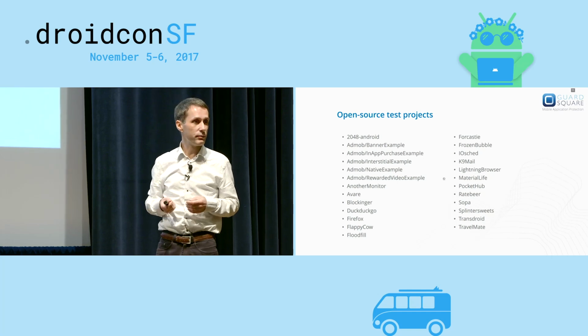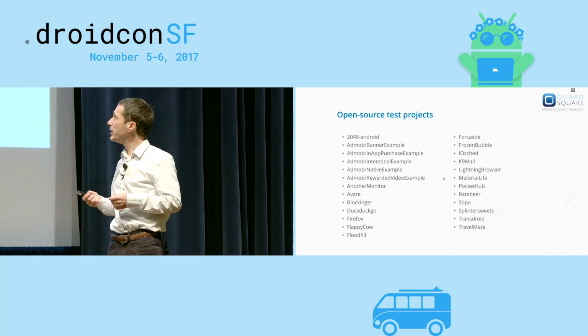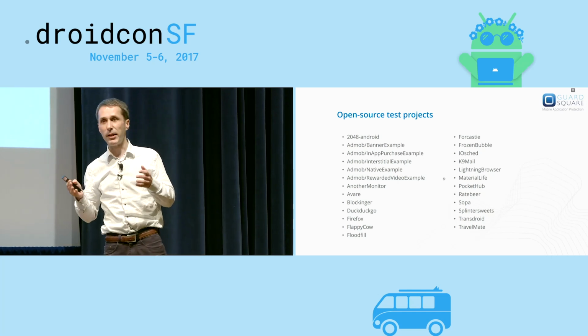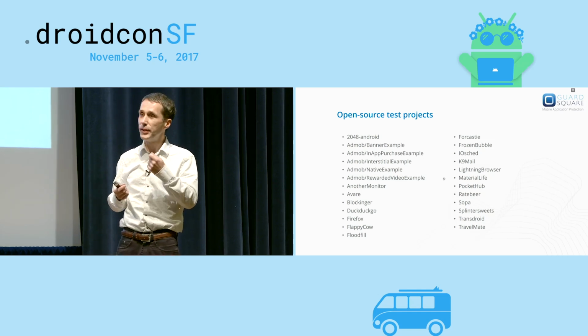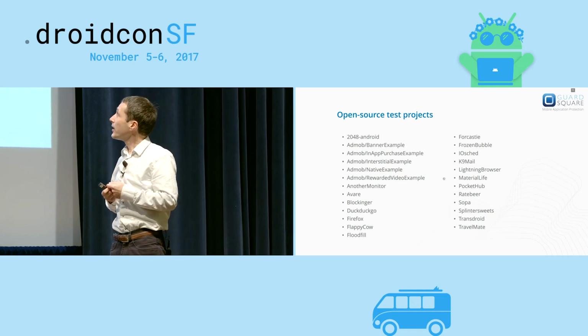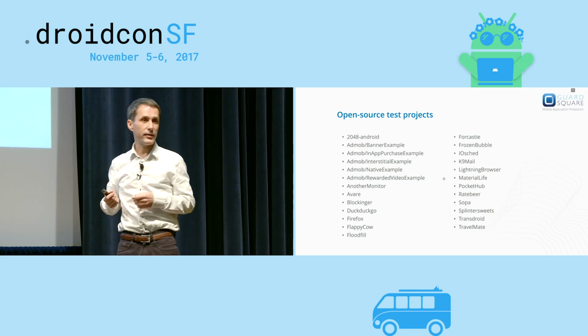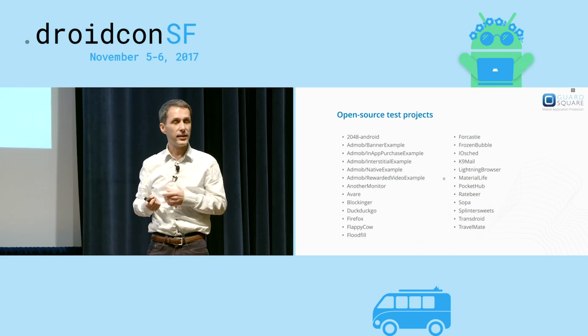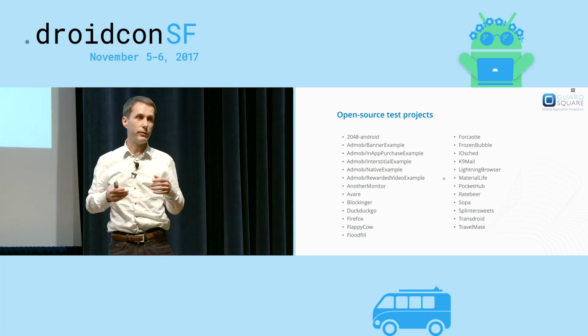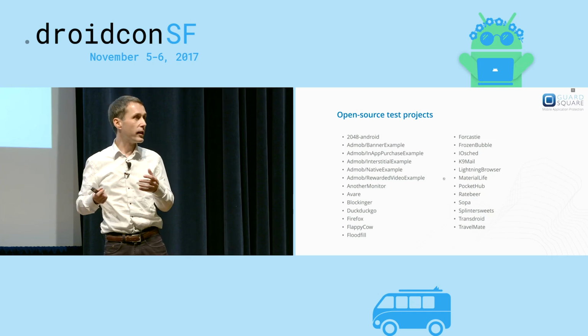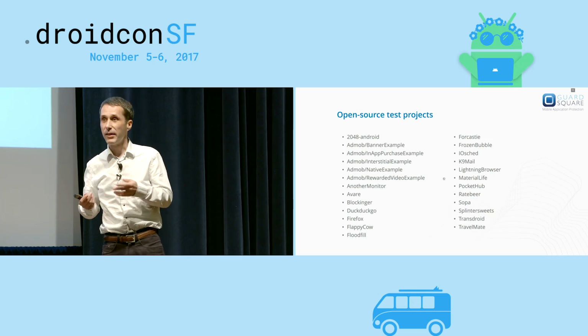My favorite one is the Frozen Bubble game, because it builds in a minute, and then you can spend an hour testing to make sure that the high score feature still works. So we've created instant apps for all of these applications. Or actually, to be honest, we've asked our intern Laura to do this for us. She didn't have any prior Android experience, but she pulled this off quite successfully.